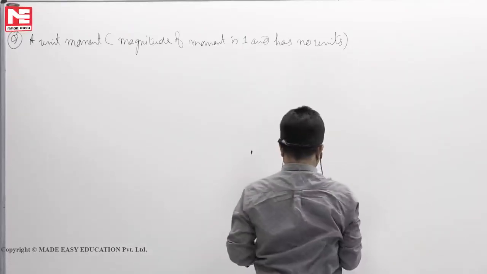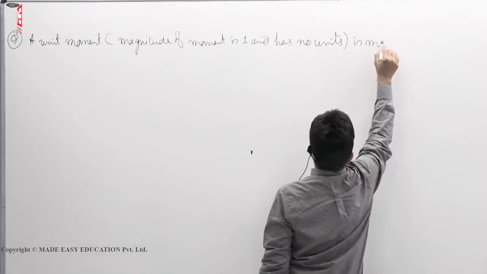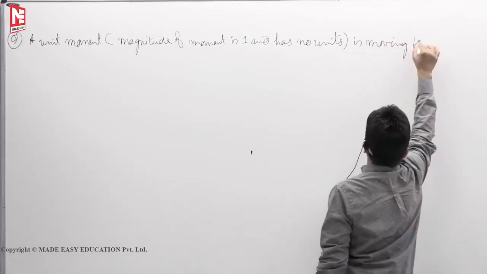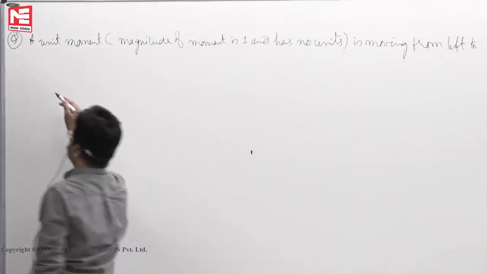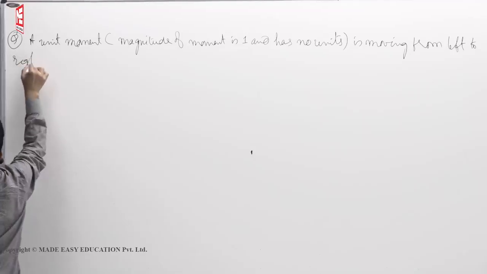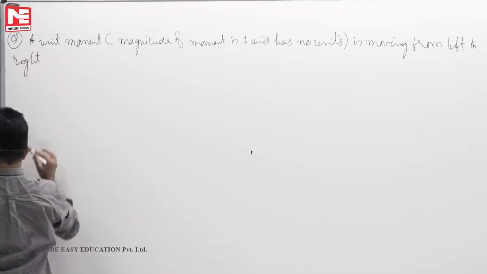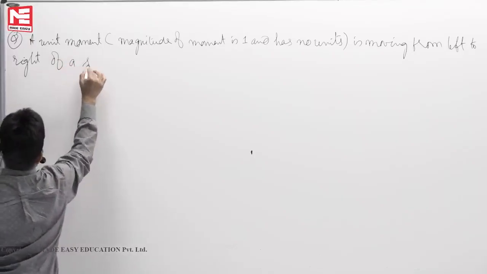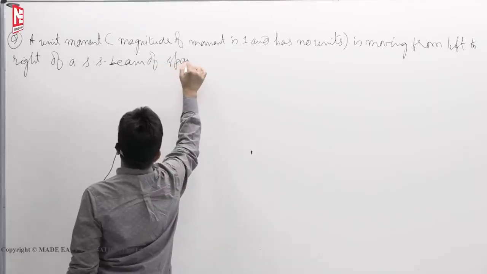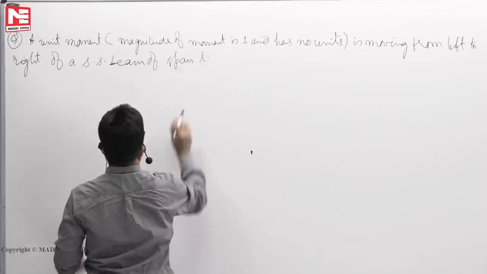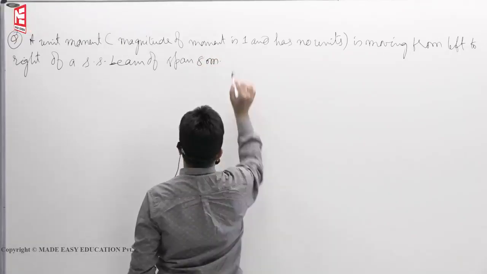That's all. Is moving from left to right of a simply supported beam of span L, of span 8 meters. Beam of span 8 meters.